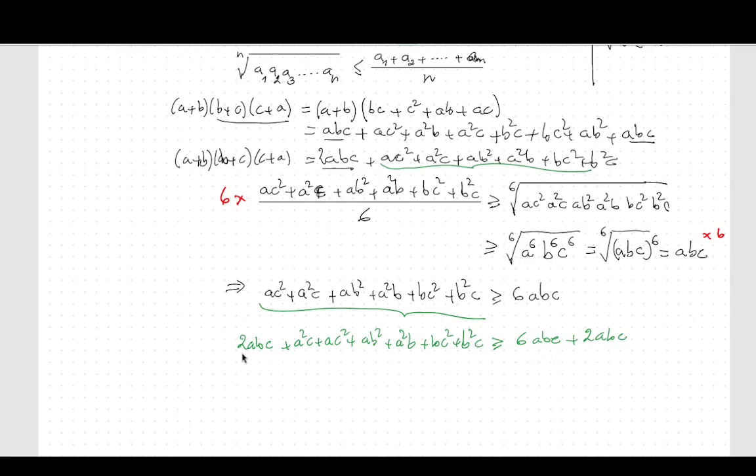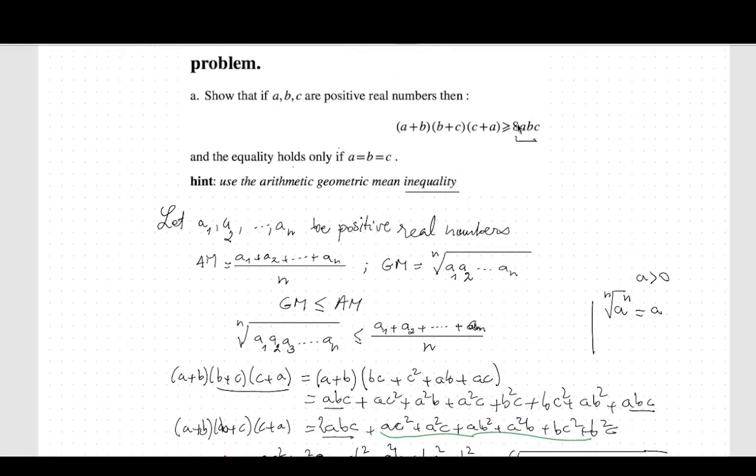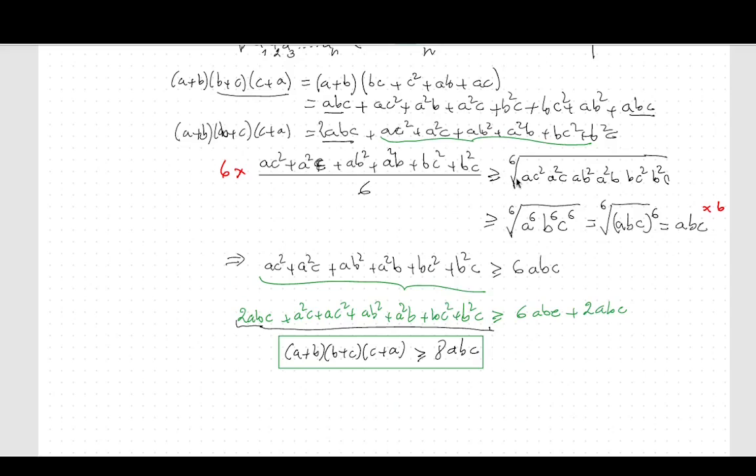So we have exactly this sum, which is exactly here, which is equal to a plus b times b plus c times c plus a, is greater than or equal to 8abc. So we proved the required inequality. That's the inequality we were asked to prove.